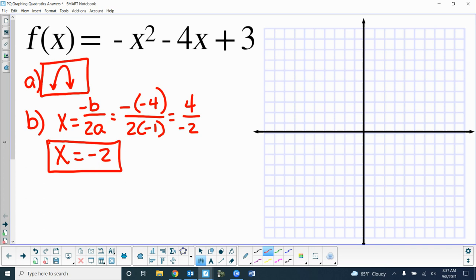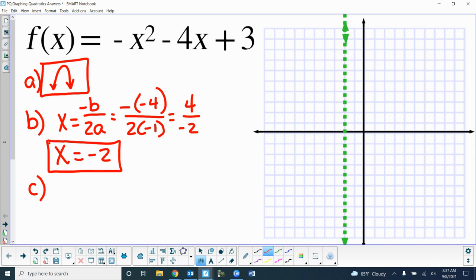All right. So to start, I could start my graph if I wanted and draw a vertical line through -2. Okay? So that part is done.